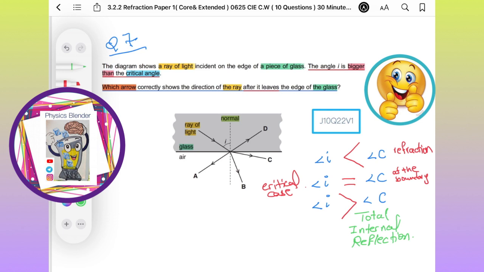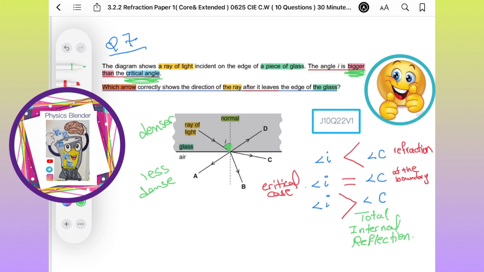Back to our question, which arrow correctly shows the direction of the ray after it leaves the edge of the glass? Okay, here you have to follow the arrow. Number 1, the light ray is passing from denser medium to air, which is less dense medium. The angle of incidence I here is mentioned in the question to be bigger than the critical angle.